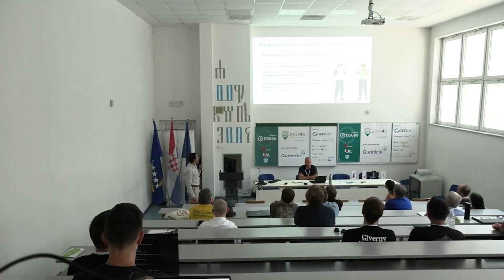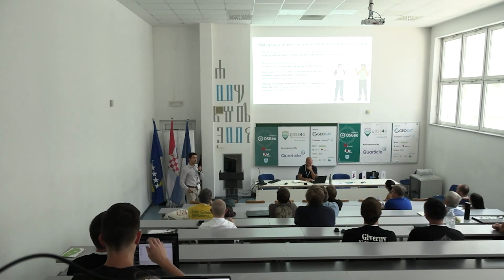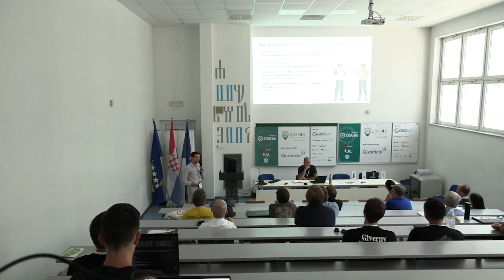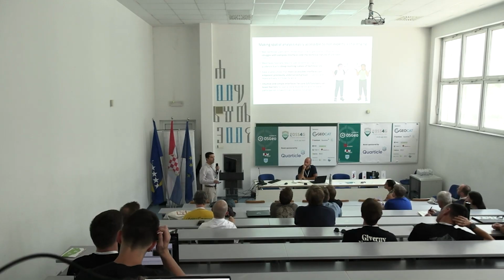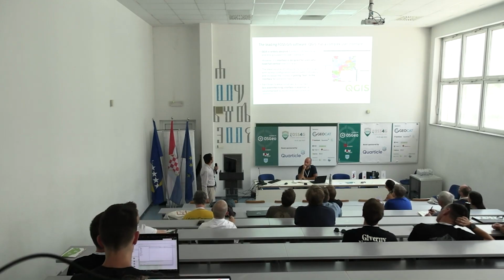And basically, case studies show that more accessible interfaces can really facilitate involvement of public to citizen science activities, especially for underserved groups like elderly people or young students, secondary school or primary school students. So that's why intuitive and simple interfaces to GIS software can really lower the barrier.